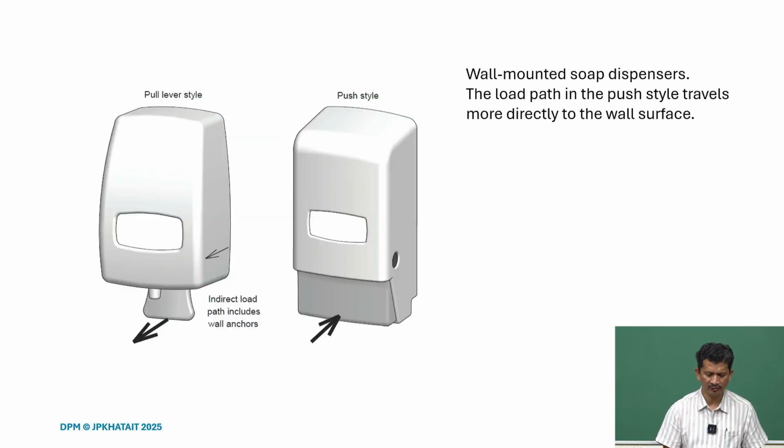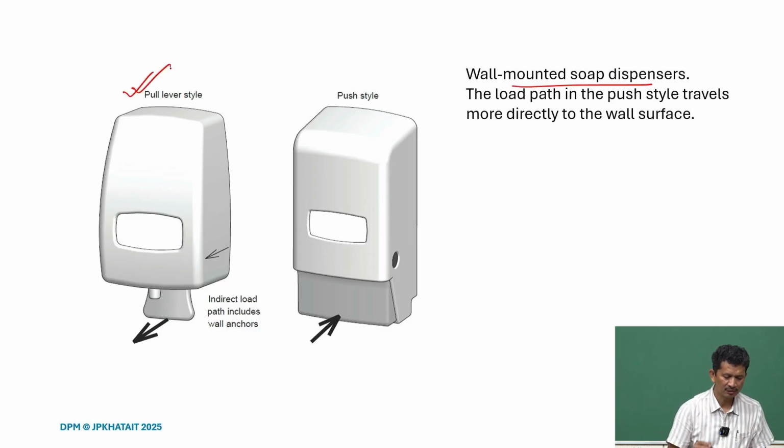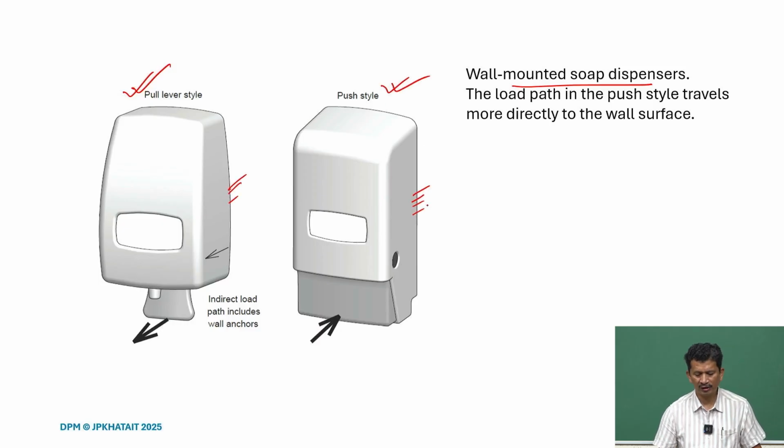So, some designs here. For instance, wall mounted soap dispensers. There are two designs, pull and push type, mounted against the wall. Which one is preferred? In the case of the pull type, you are applying a load.